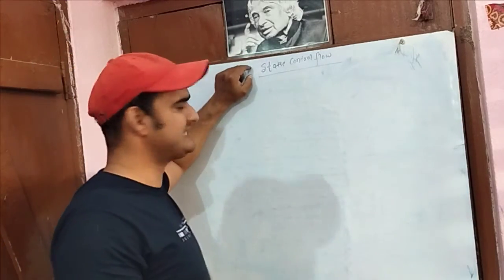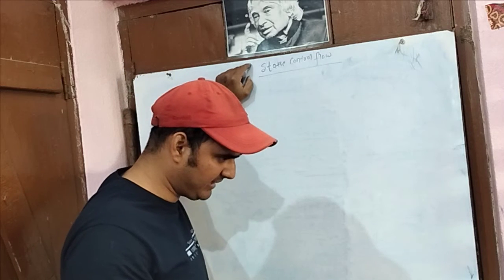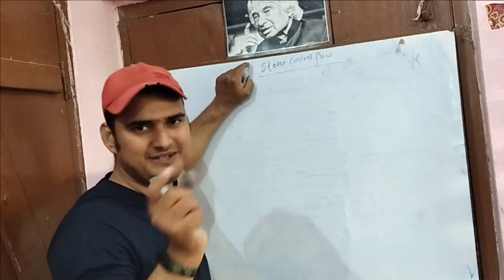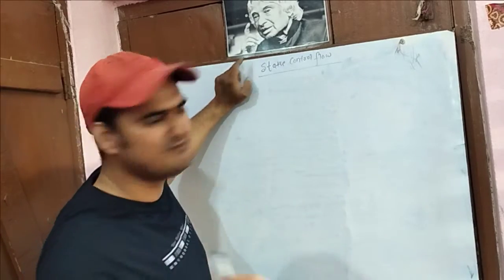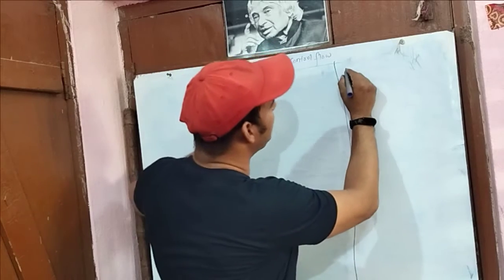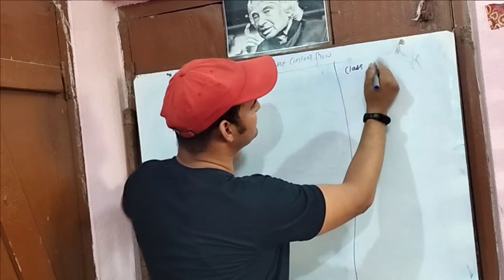Now coming to static control flow, I will take a simple example, and with the help of that example I will explain the static control flow. It will be more helpful for you and easy for me to explain. I am going to take a simple public class Test.